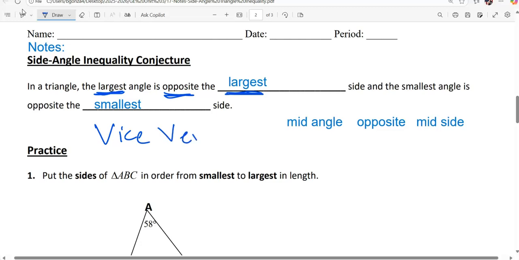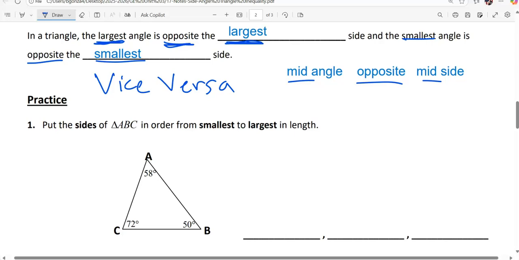Vice versa means it goes both ways. Largest angle, opposite largest side, opposite largest angle. Okay, it goes both ways. Okay, so again, smallest, opposite smallest, mid, opposite mid. Everything's in order. I'll show you what I mean on the example right here.